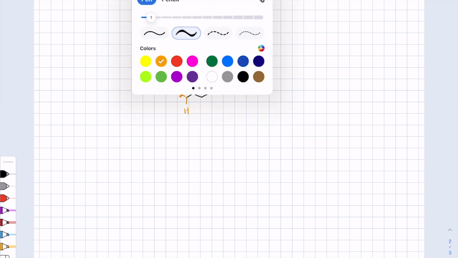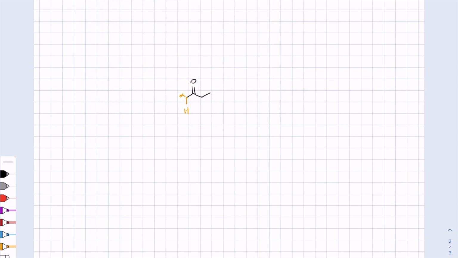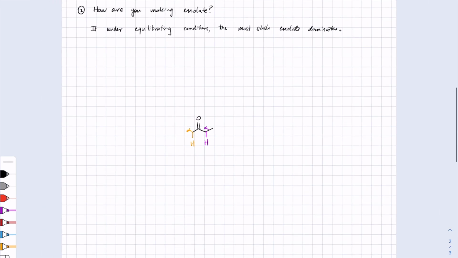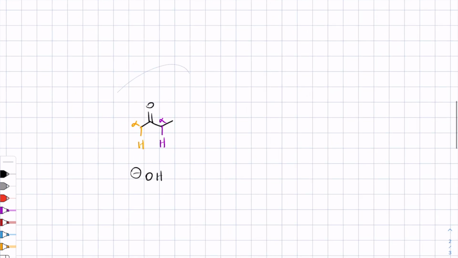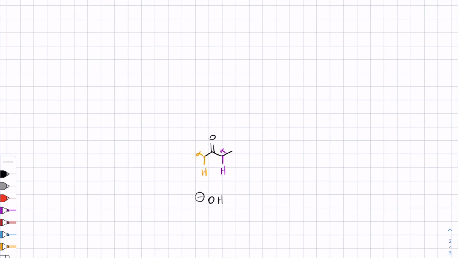Here is our starting ketone. Here's the less substituted alpha proton. Here is the more substituted alpha proton. And we're using hydroxide as a base. And then we'll use, on the y-axis, energy.